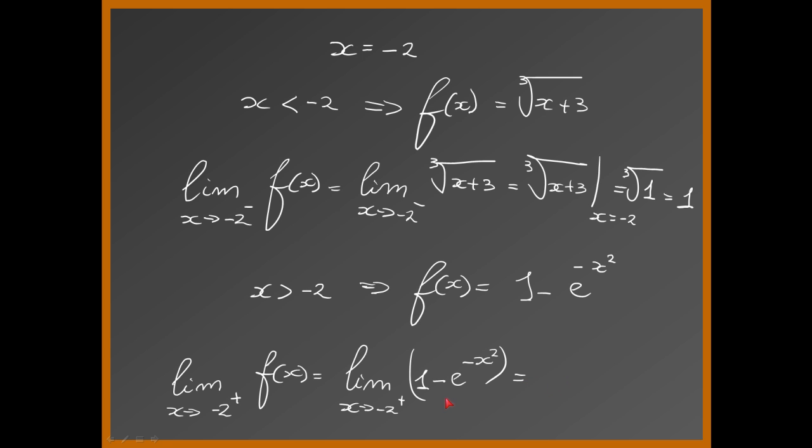This, since this function is continuous, is again the function itself evaluated in minus 2. This means 1 minus e to the minus x squared evaluated in minus 2, and this equals 1 minus e to the minus 4.